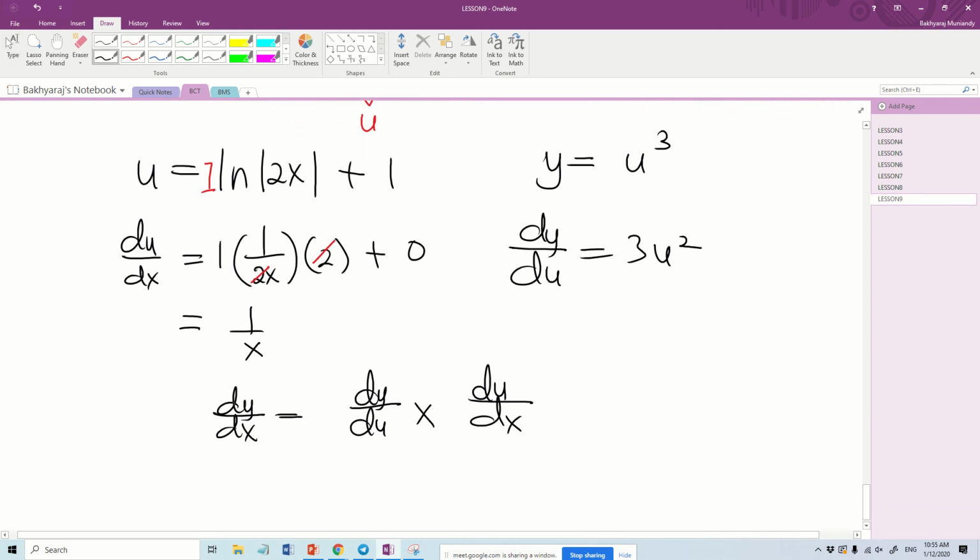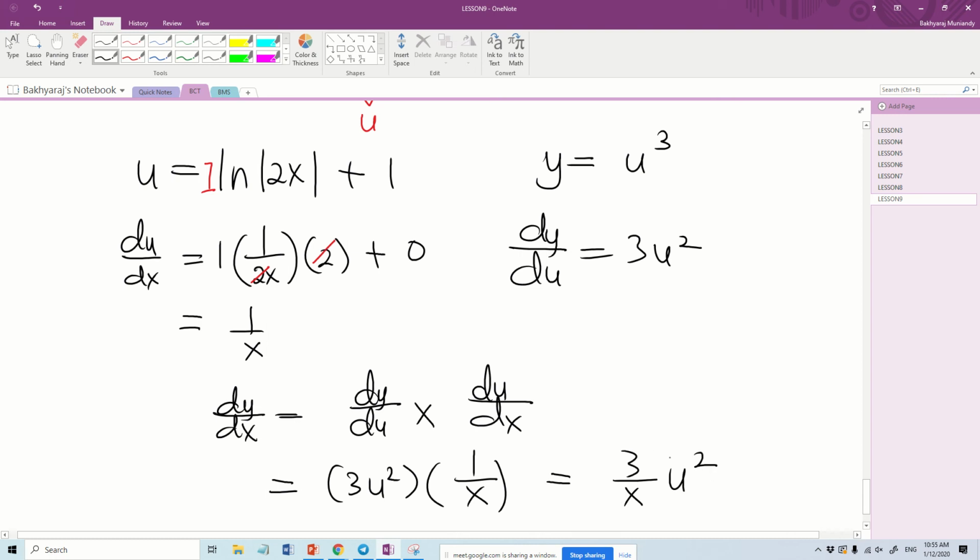Okay, where you get equal 3u square times 1 over x. So kalau kita simplify, kita akan dapat 3 over x u square. Okay, you can put like this, you can put 3 over x u square.